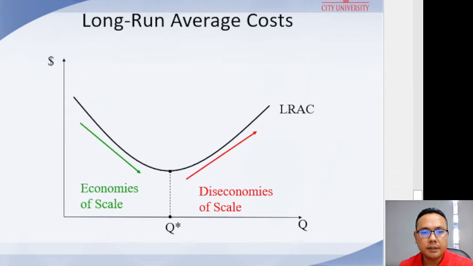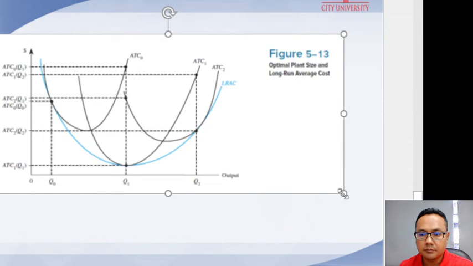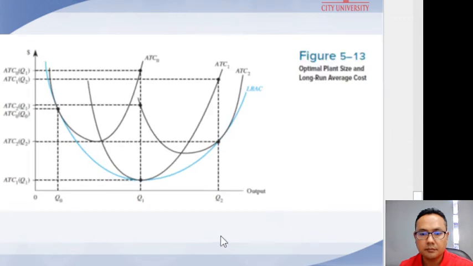Let's say we see from this figure, let me show this figure. So this figure 5.13, the short run average cost curve. We can see ATC0.